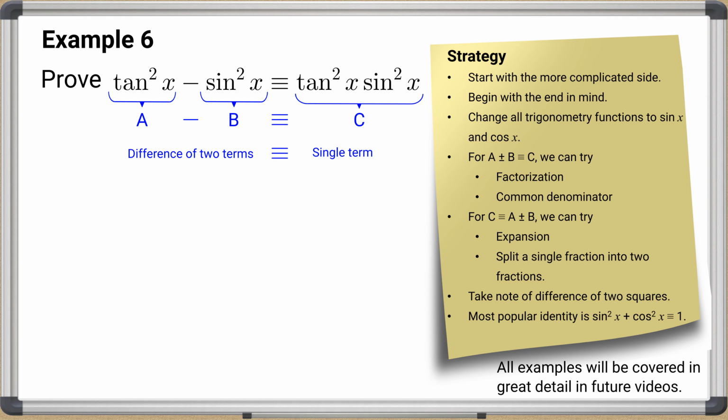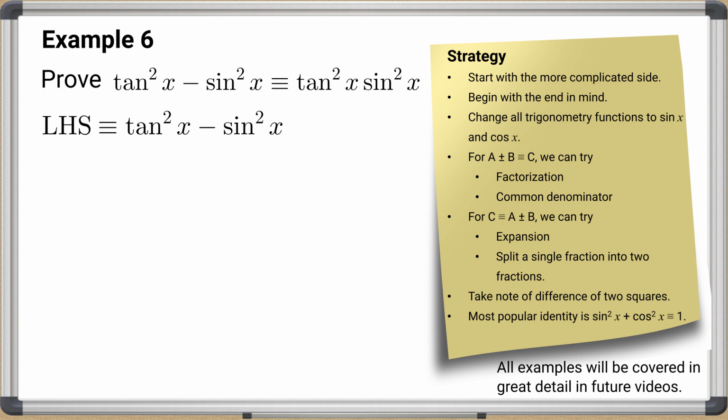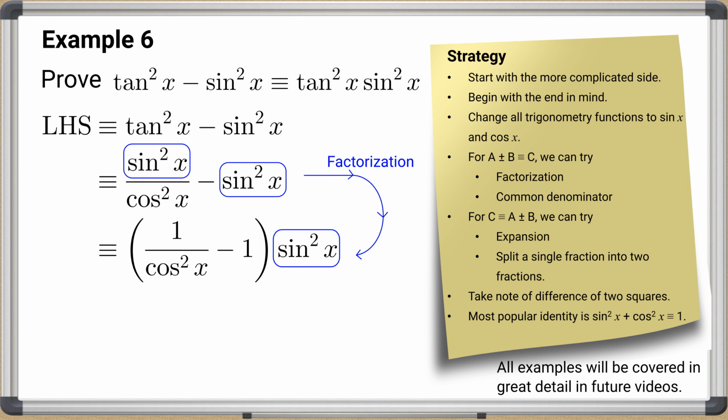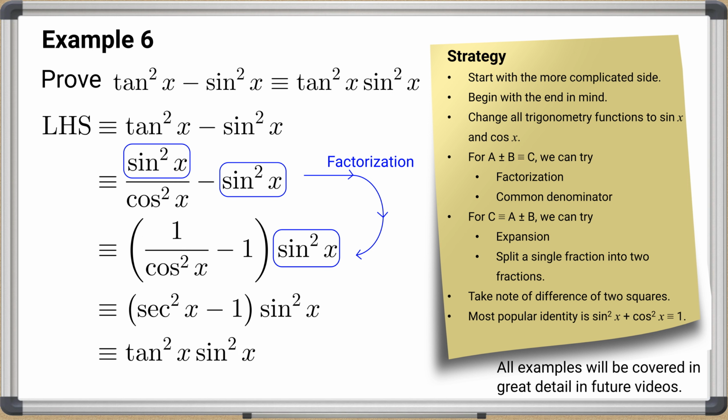In other words, we have the difference of two terms equivalent to a single term. We can try factorization or common denominator. Tangent squared x is equivalent to sine squared x over cosine squared x. Since sine squared x is common to both terms, we factorize out the sine squared x. Simplify. Solved.